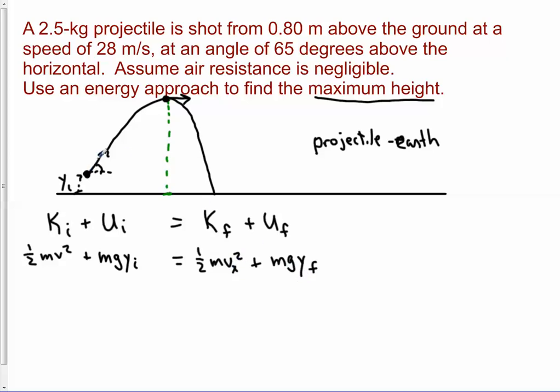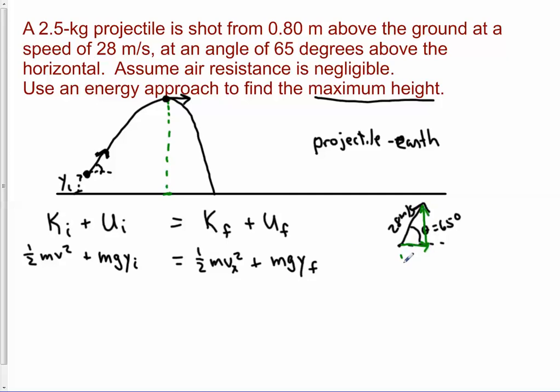For that, we do actually have to go back to the original velocity vector, which is going up at 65 degrees. It was 28 meters per second. And we can split this up into a horizontal piece and a vertical piece. But we really only want the horizontal piece. That's the one we want.